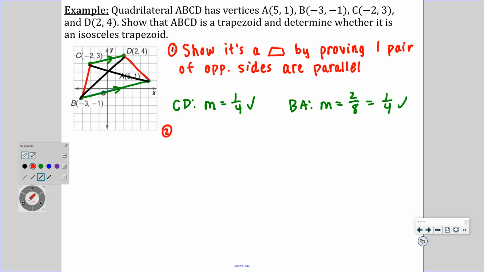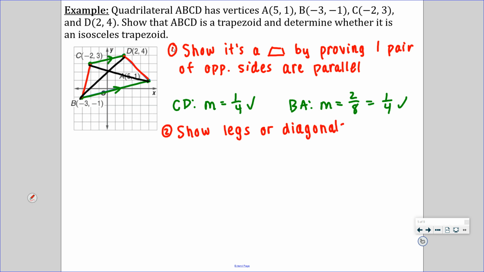So you could do either. Show legs or diagonals are congruent. If yes, then it's an isosceles trapezoid.